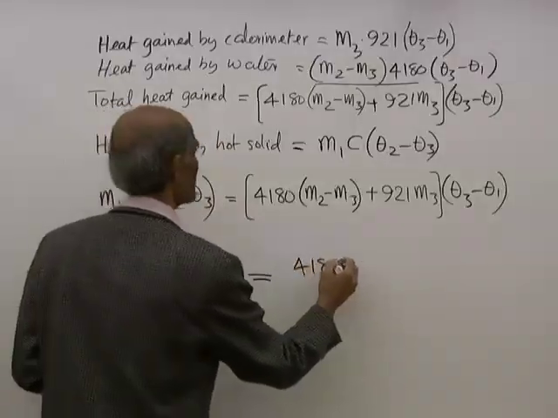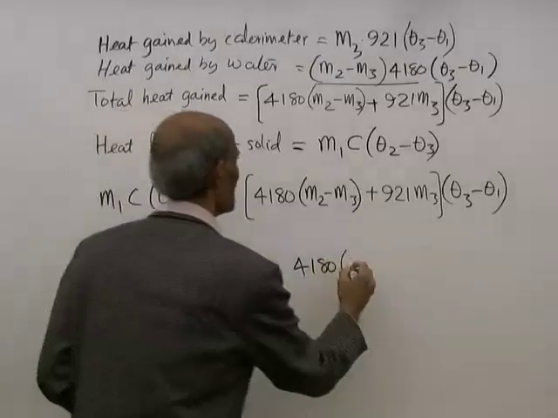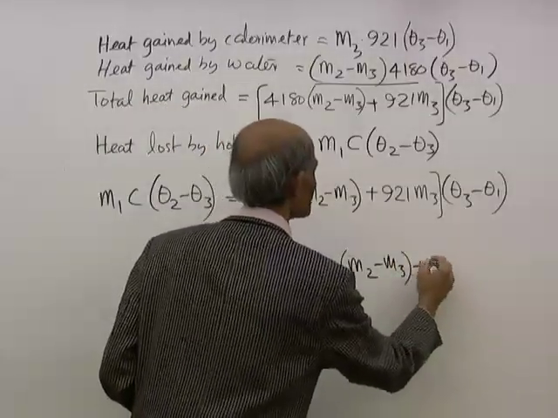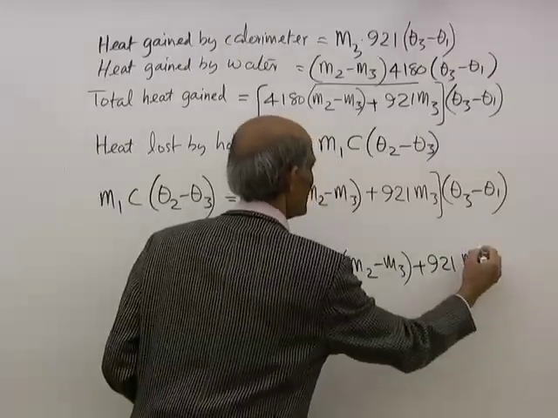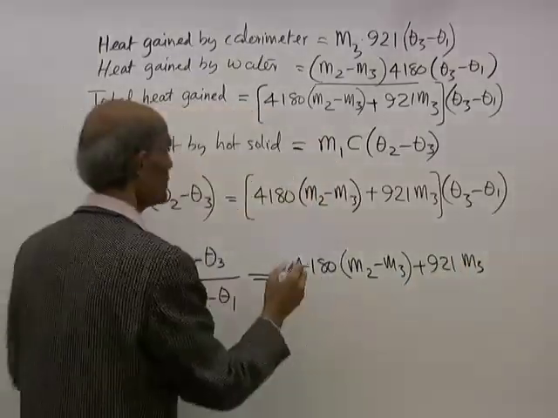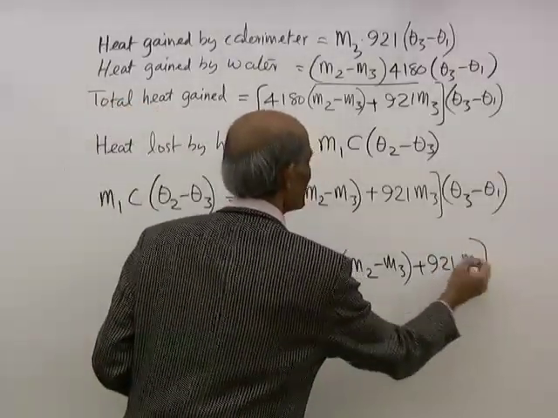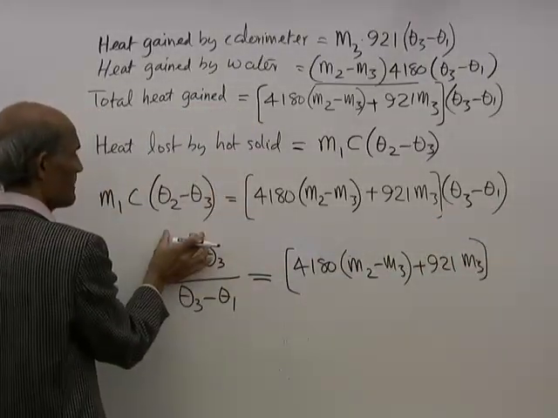4,180 times, well, M2 minus M3, plus 921 M3. Alright, now this is going to be the quantity out here. We divided this over here.